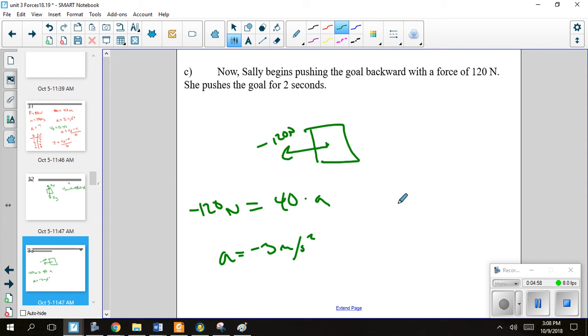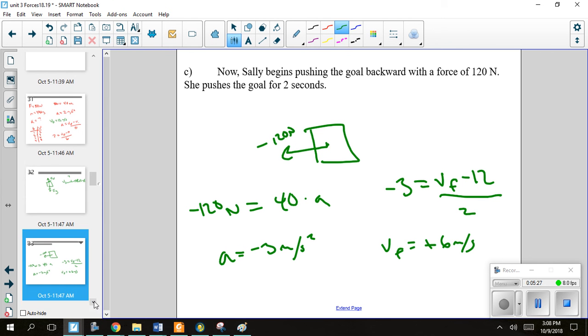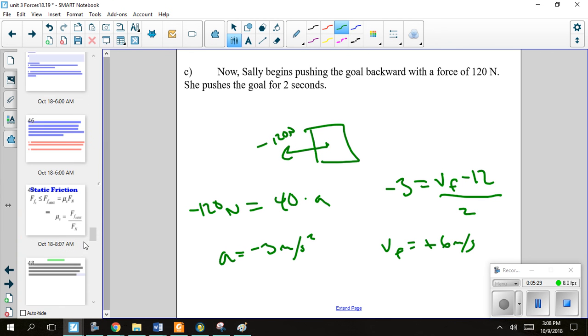Going back to our acceleration formula, negative 3 equals velocity final minus 12. Remember, it was going 12 meters per second when we left it, and our time is 2. So the velocity is still positive 6 meters per second. It's still moving forward, only a little bit slower. Velocity is decreased a little bit. Oops.